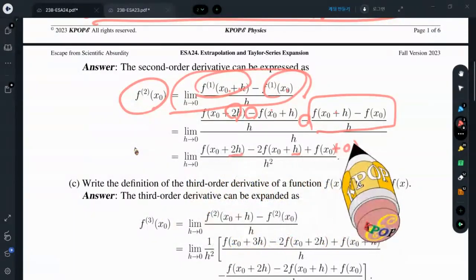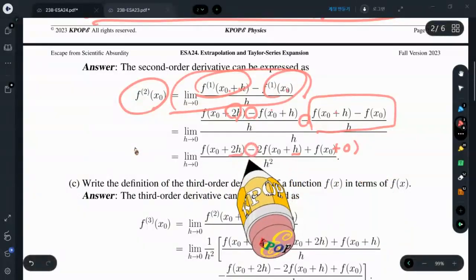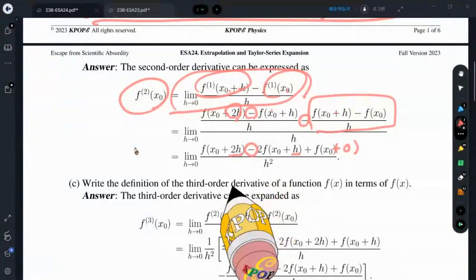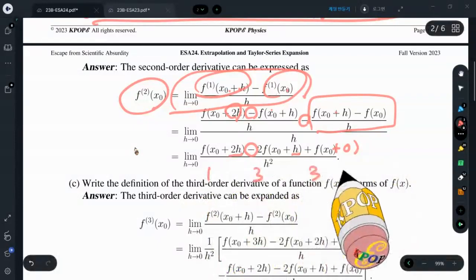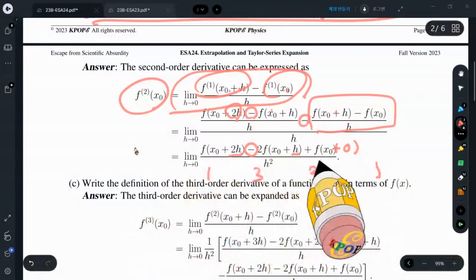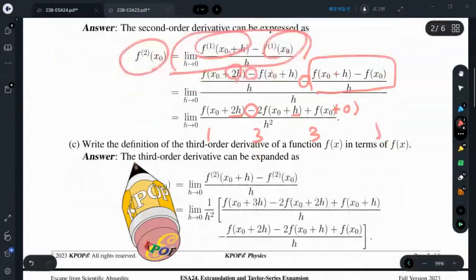You are familiar with this. This is a binomial coefficient, except that the sign is oscillating. Let's see if it is true. If I'm right, it should be 1, 3, 3, 1, with signs plus minus plus minus.